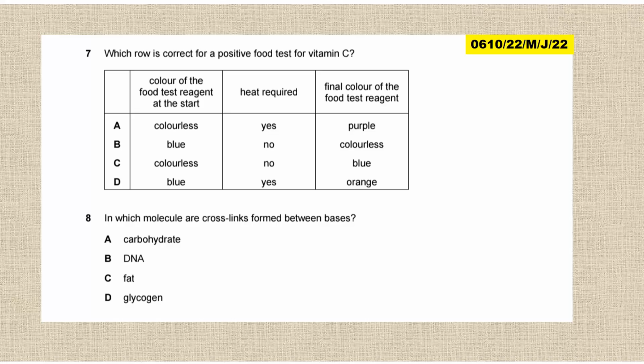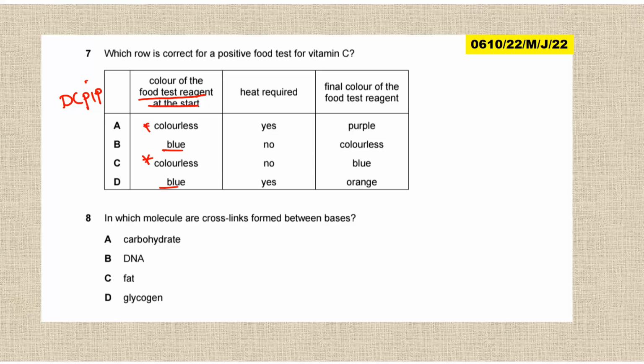Let us look at paper 2, variant 2, May, June 2022. Which row is correct for a positive test for vitamins? So vitamins, color of the food test reagent. So DCPIP is blue. So you're going for blue, not colorless.